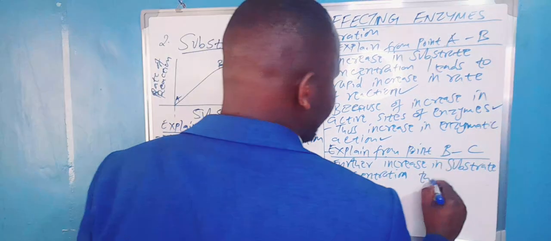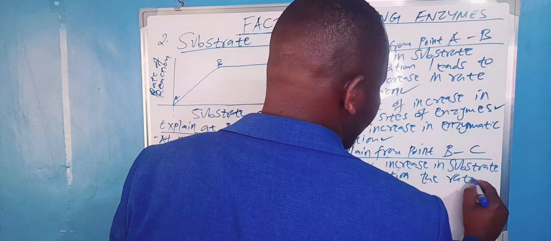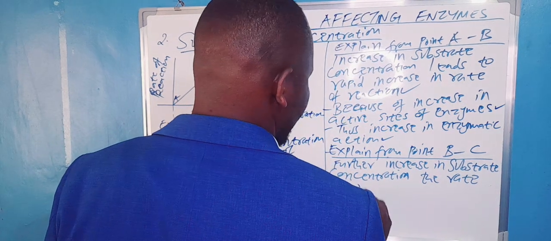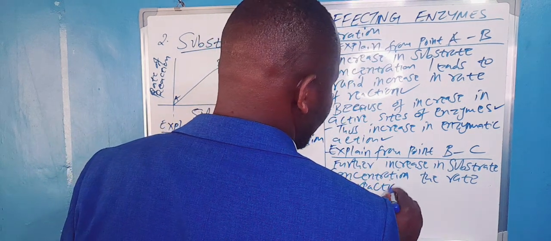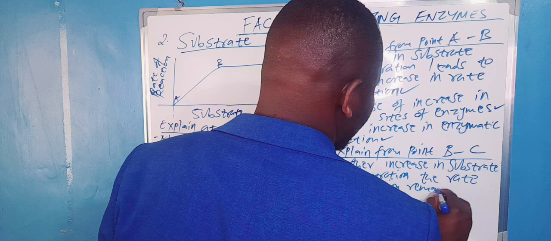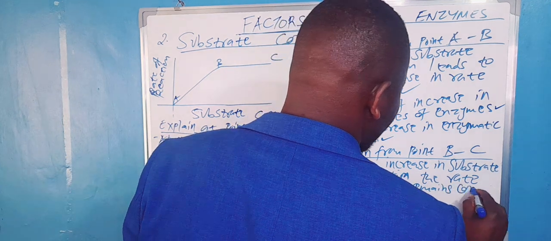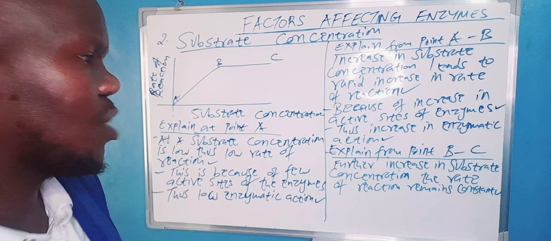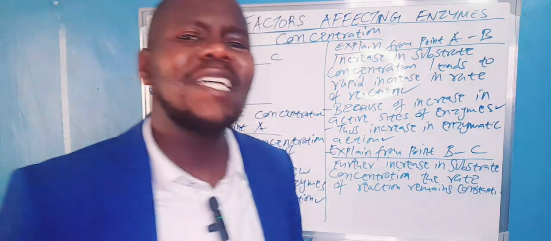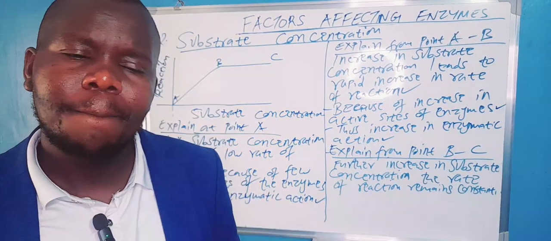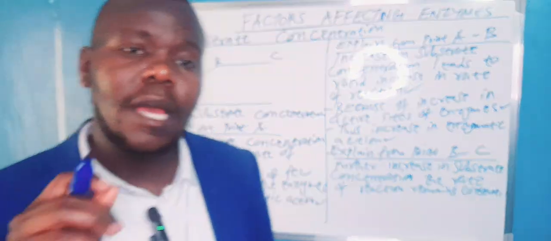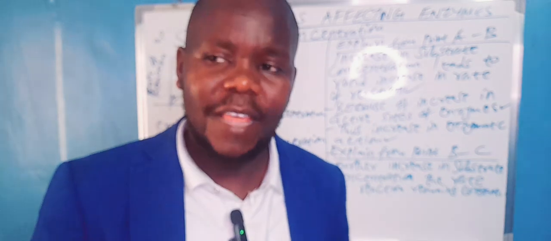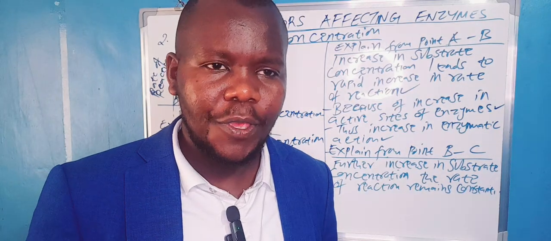The rate of reaction remains constant. What's the main reason why it's remaining constant? All active sites of the enzyme have been occupied.